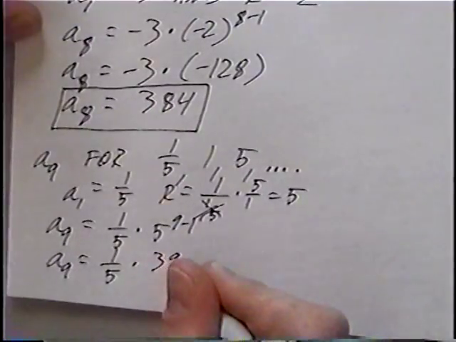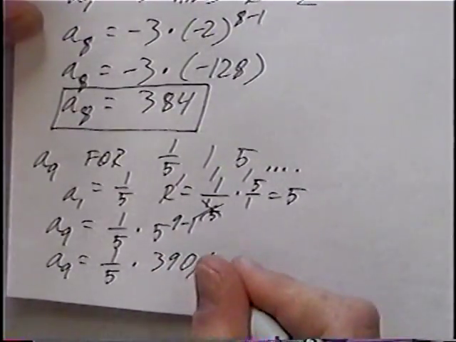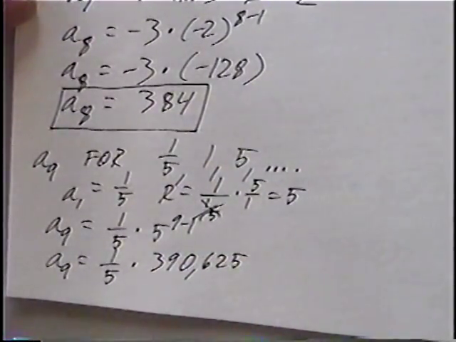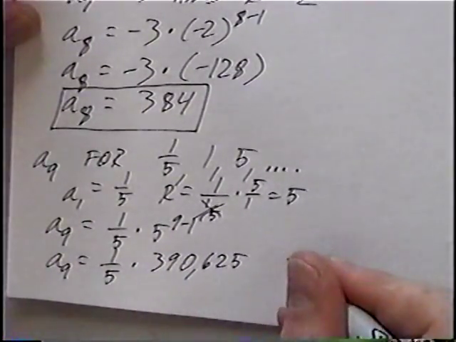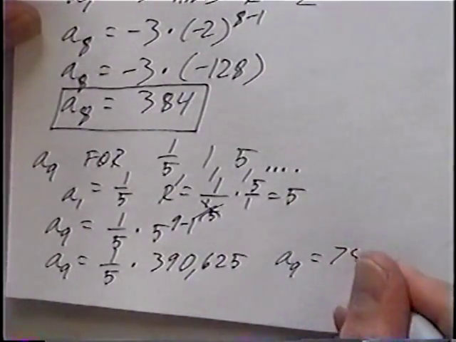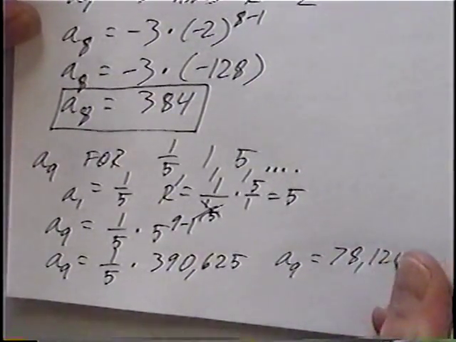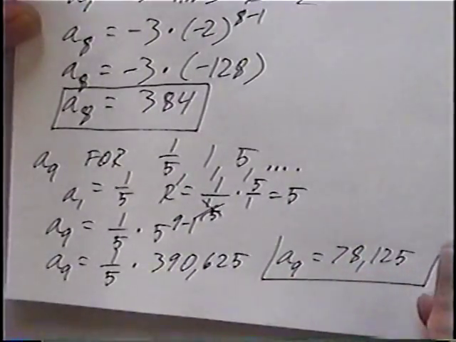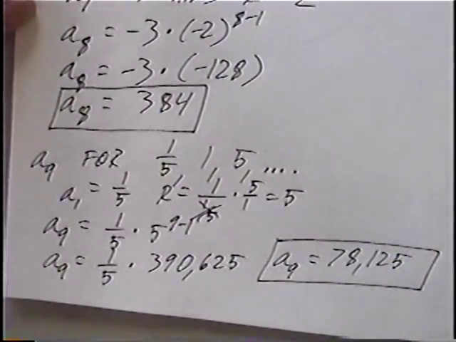That number comes out to be 390,625. We're still multiplying that number by 1/5, or dividing by 5, so our final answer would be 78,125.